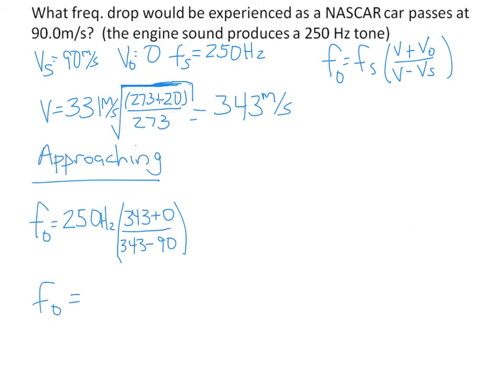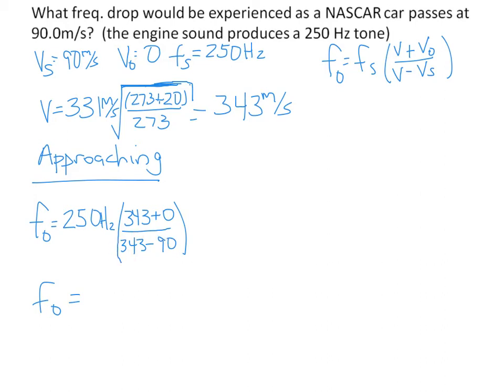All right, I've put all my numbers into the formula here. I've got the original source frequency, the speed of sound, and the speed of the car. I run it all through. Now I gotta be careful here. You should probably put this in parentheses in the calculator, or it won't do it first. So it should be 343 divided by the difference of 343 and 90.